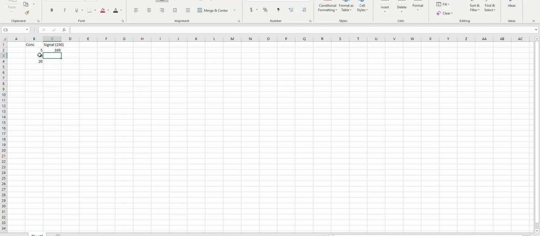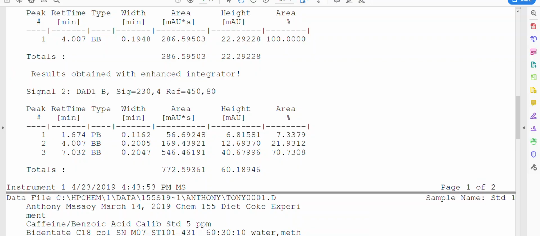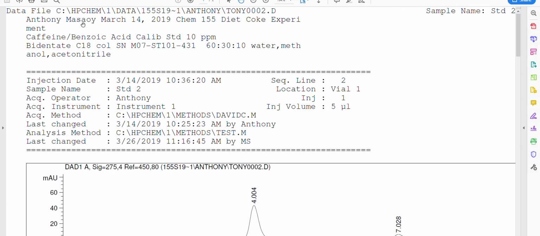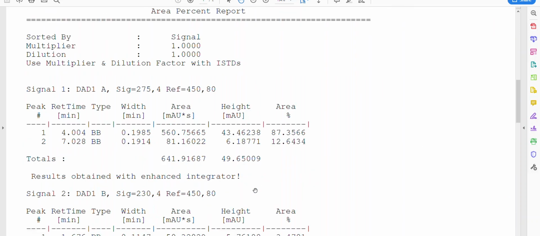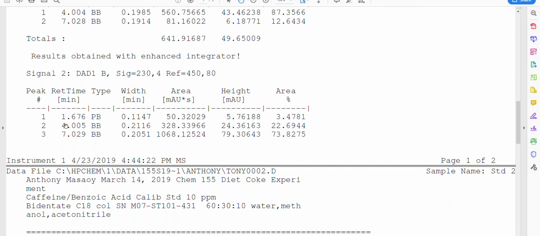Then if we go to the next chromatogram, we'll see here that in the second file for Anthony, this is Tony 2, right? Now all 4 peaks are quantified here, but we're going to look at this peak at 230 nanometers. So there's 275, here's 230, here's 4 minutes.